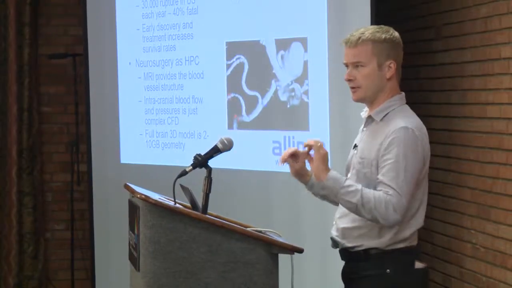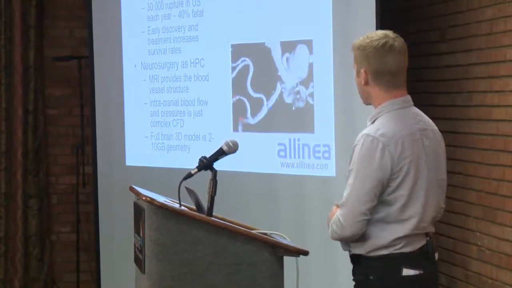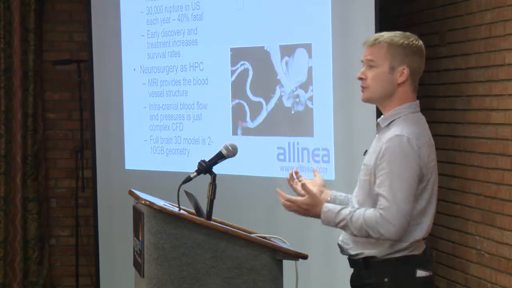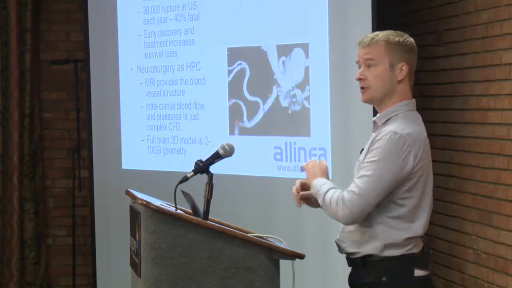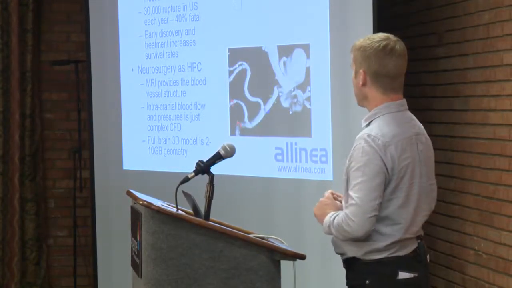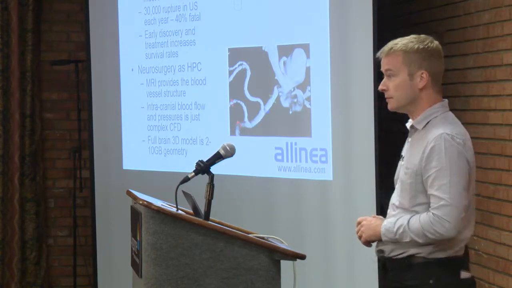So what can HPC do? Well, as it stands at the moment, you can use MRI to get a good view of what the brain's blood vessel structure looks like. That's roughly a 100 megabyte data set that would give the most important of the vessels, the larger ones. And then if you just want to model what blood pressure is going to be going around there as it pumps around, then it's just complex CFD.